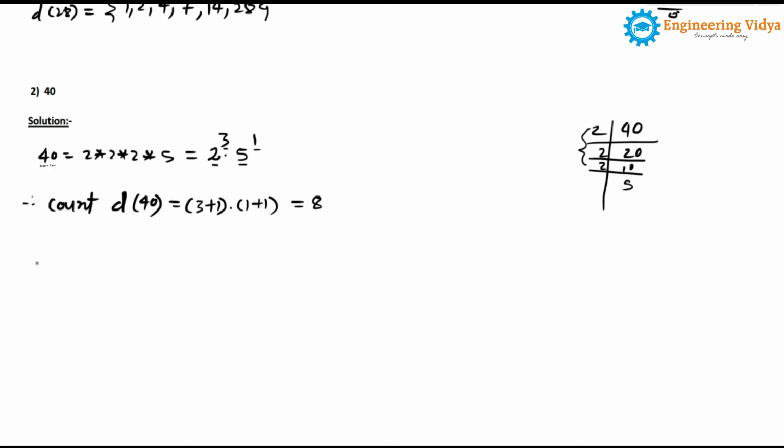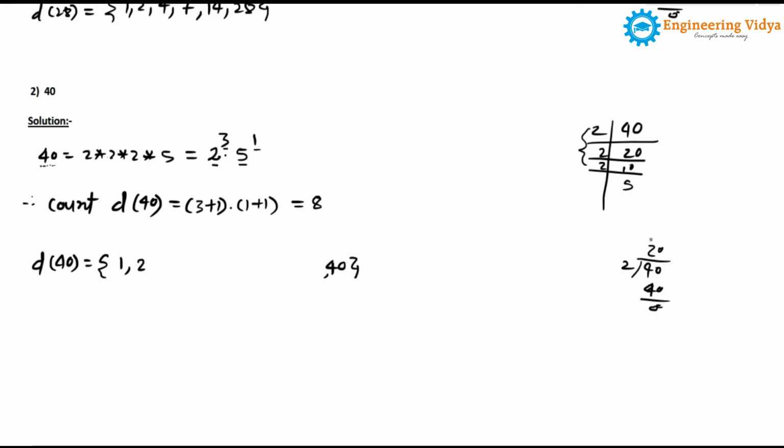So I'll list down the numbers also. Divisors of 40: since we know that every number will be divided by 1 as well as itself, right? Now I'll check whether 2 can divide 40. Yes, 2 can divide 40, and if I divide 40 by 2, the quotient will be 20.